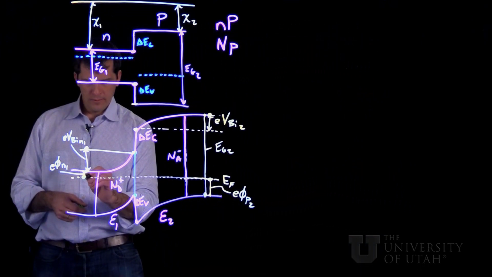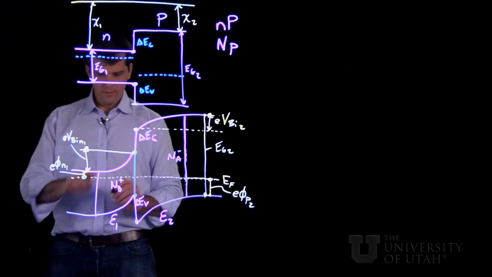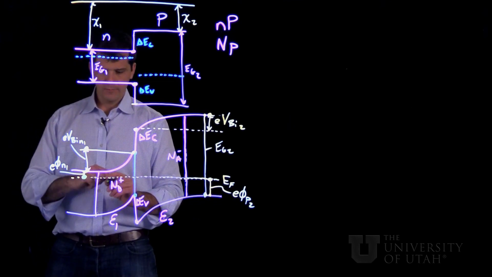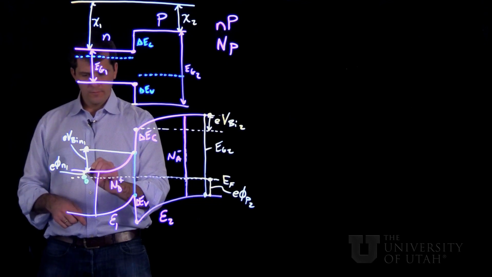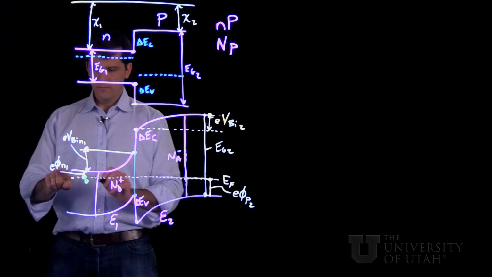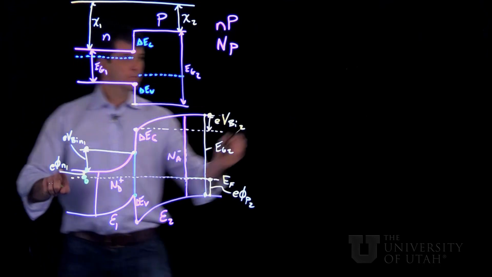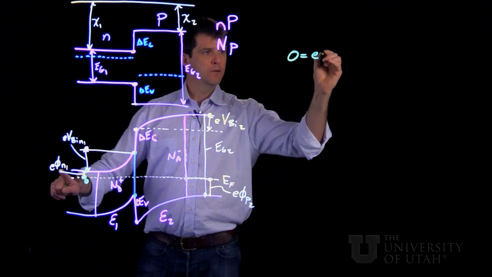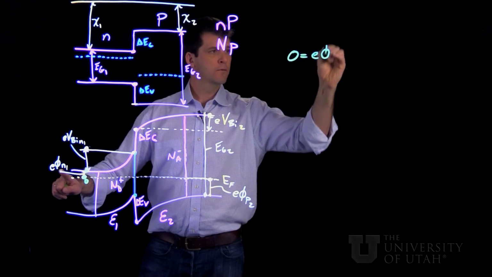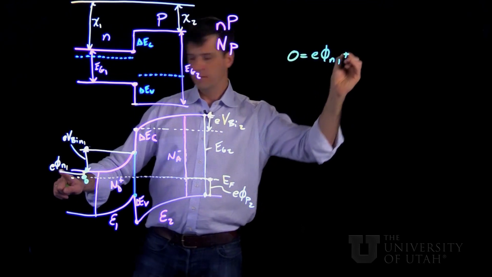So let's start here at the Fermi level on the n-type side, which has the smaller band gap. So if we start here at 0, we move to 0.1 here. Well, we've gone up an amount given by this. So we're going to start our equation here, E phi n1 plus.